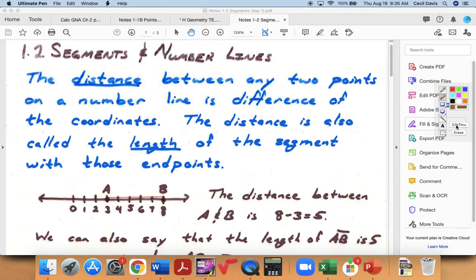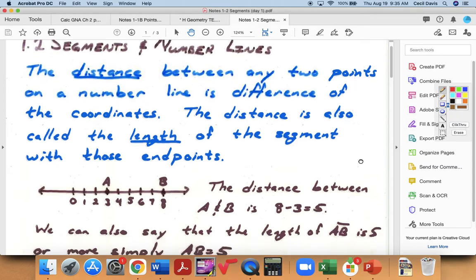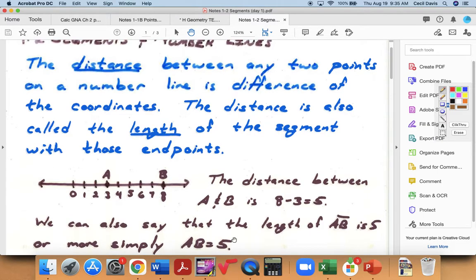Well, what textbooks do is they write it this way. Just AB equals 5. That means the length of AB is equal to 5, or the distance from A to B is 5. Some textbooks write it this way.